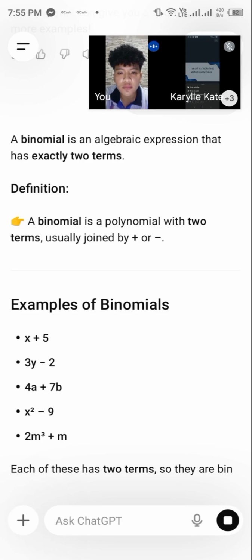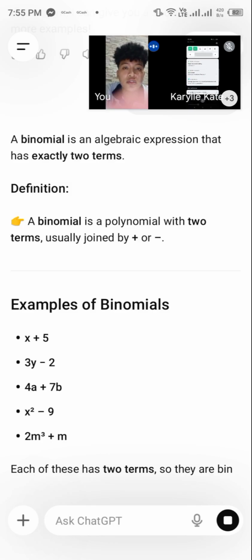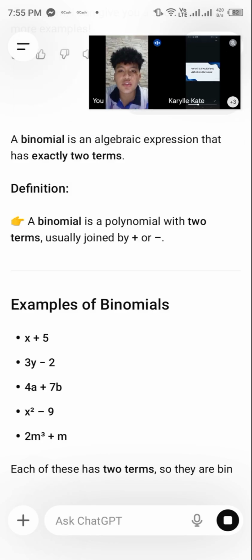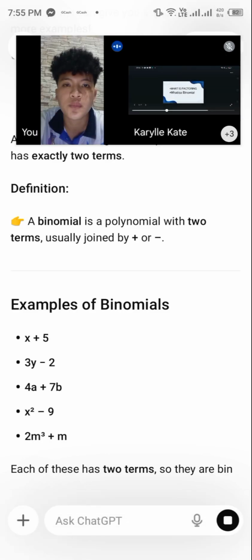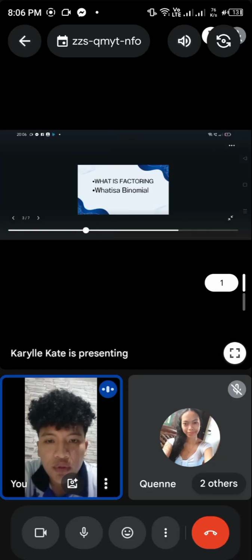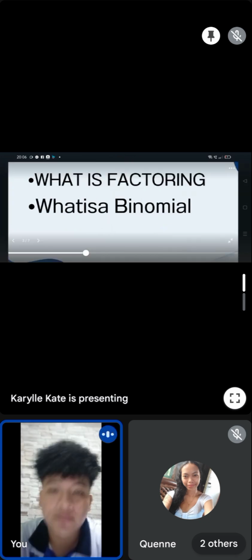Some examples of a binomial are x plus 5, 3y minus 2, 4a plus 7b. Those are binomials, expressions that have exactly two terms. Next slide, please.